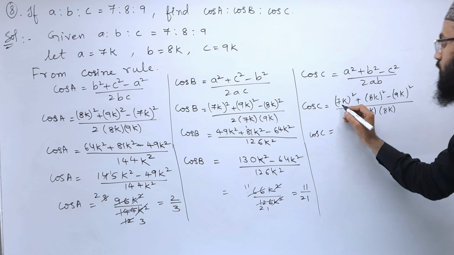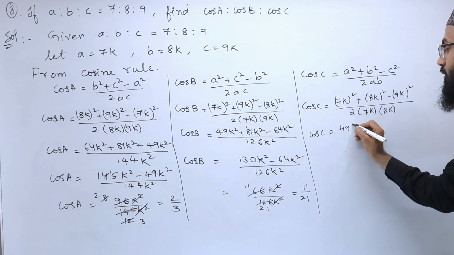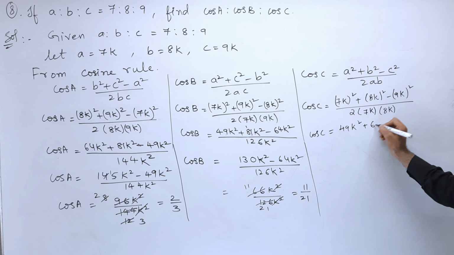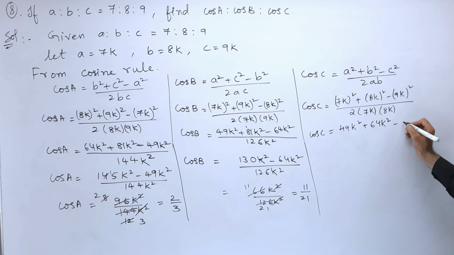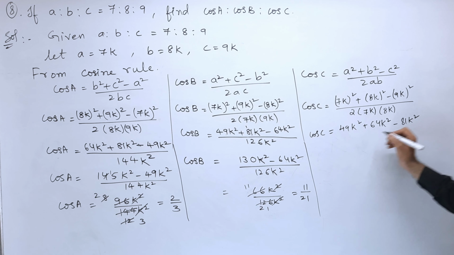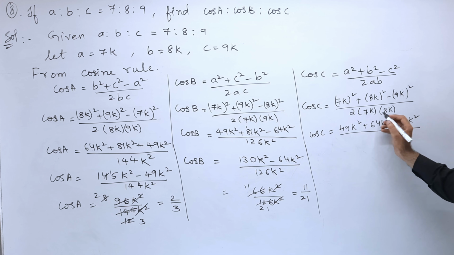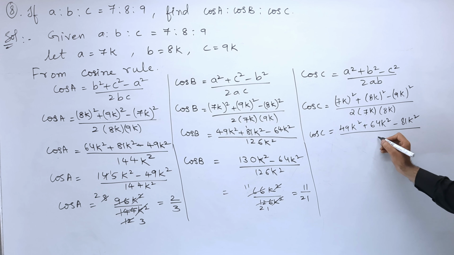So cos C = (49k² + 64k² − 81k²) / (7 × 8 = 56, 56 × 2 = 112) k², that is 112k².